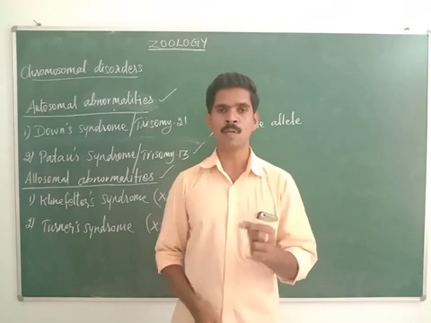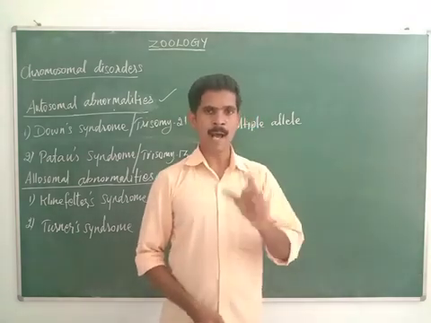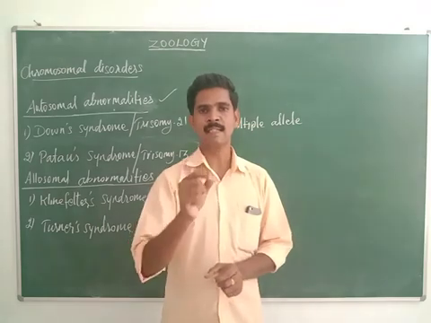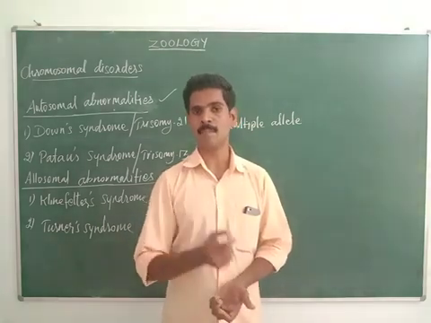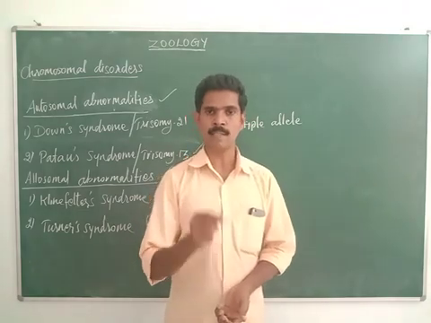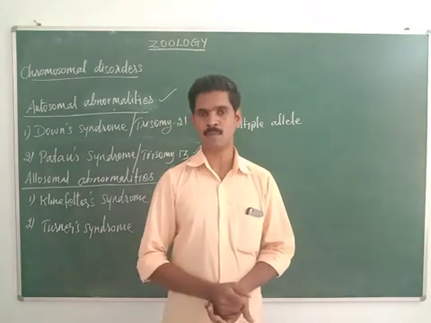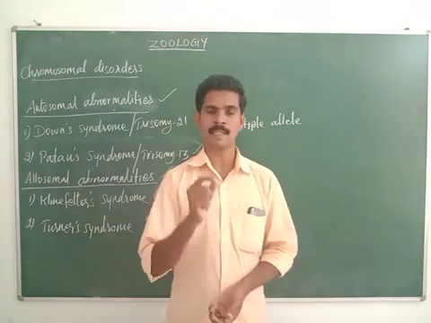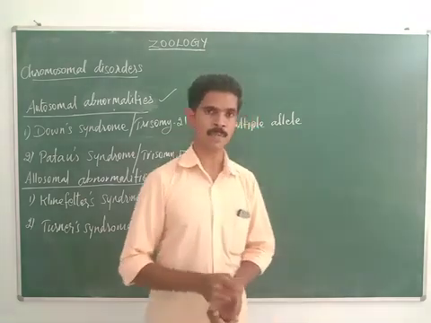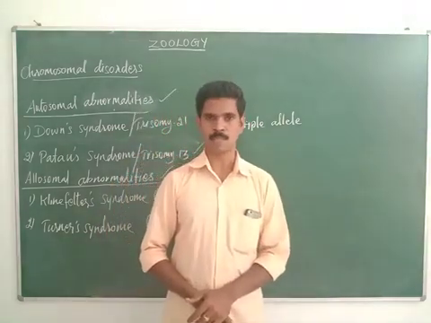When 2 or more alleles are located in the same location of a chromosome and control a single character, they are called multiple alleles. So that is the first 2-mark question.